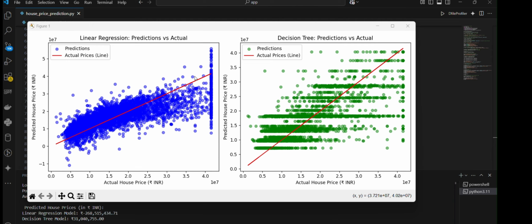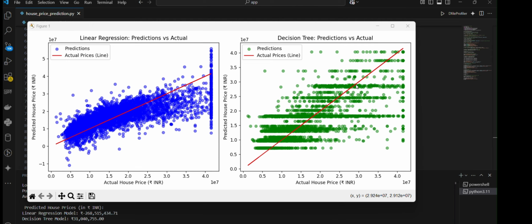First one is the linear regression, which is the prediction versus actual, and the decision tree also shows prediction versus actual. In the linear regression, the points are almost nearer to the red line, which indicates the prediction of the linear regression is nearer to the actual price, and it is good.